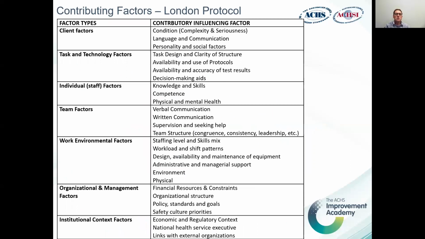We also use a contributing factors framework. Again, I'm not going to go into detail with this, but you'll see that these are all systems based, and these are primarily why these incidents occur.